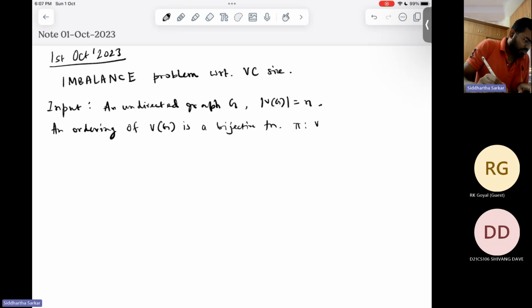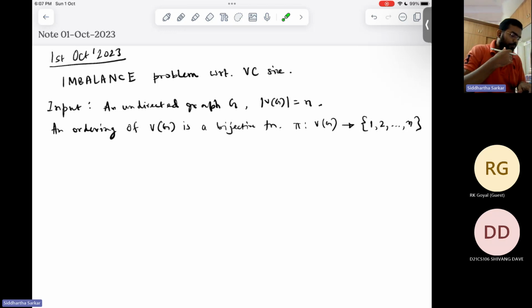So basically you are giving labels, numbers to these vertices from 1 to n. So this bijective function pi is an ordering of these vertices. There could be n factorial different orderings of n vertices.